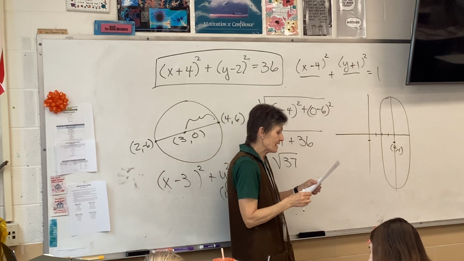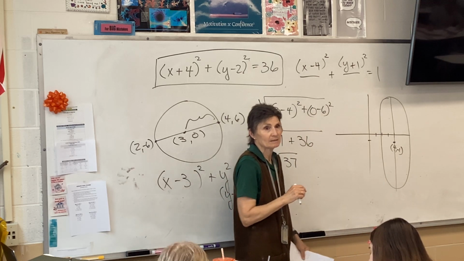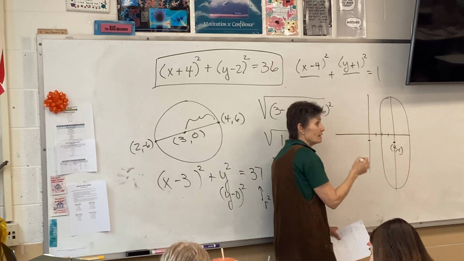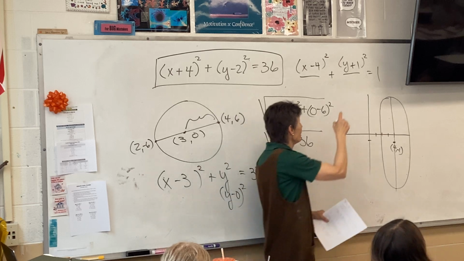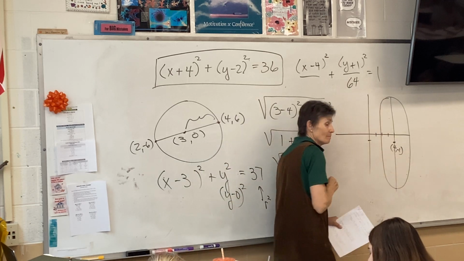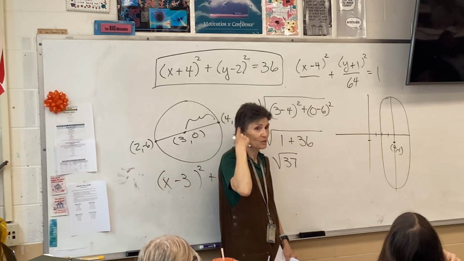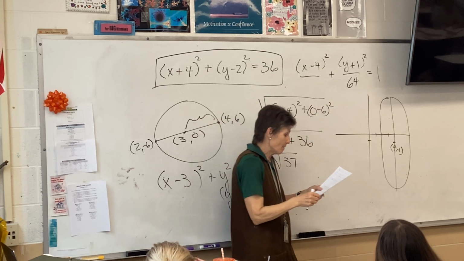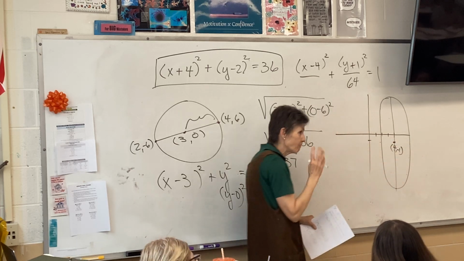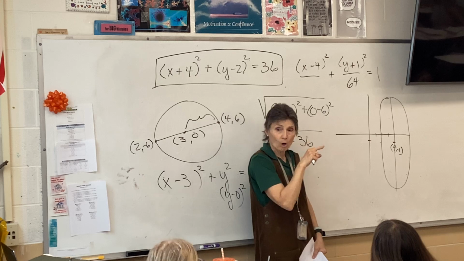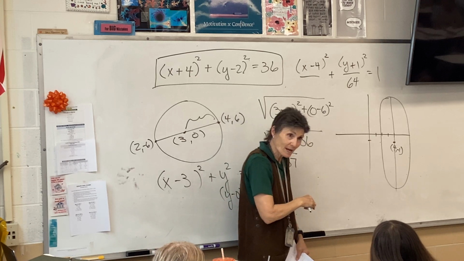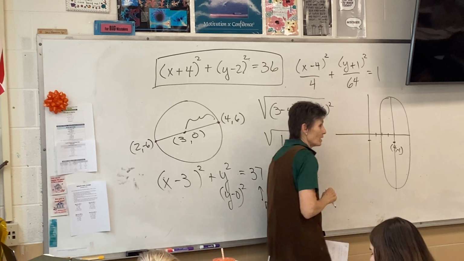So if it has a length of 16, that means I'm going up and down 8, which means under y has to be 64. It's a puzzle, be logical about it. And then the minor axis has a length of 4, which means I'm going back and forth 2, which means under x is 2 squared.